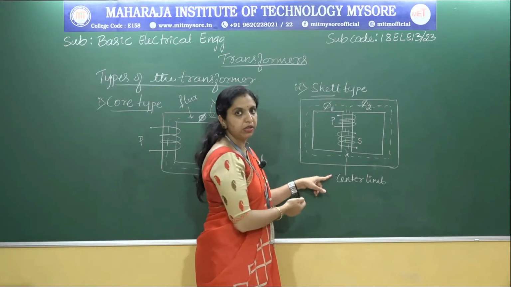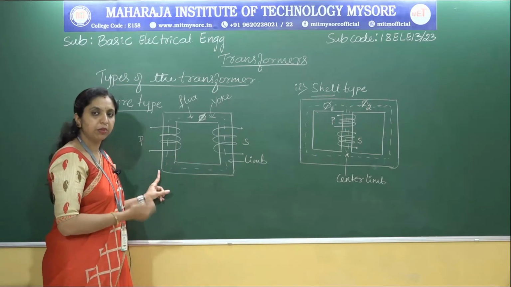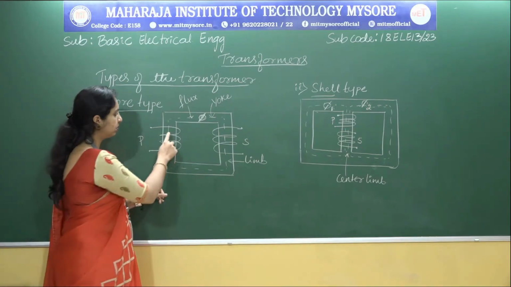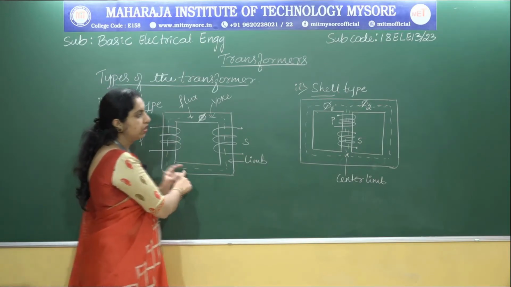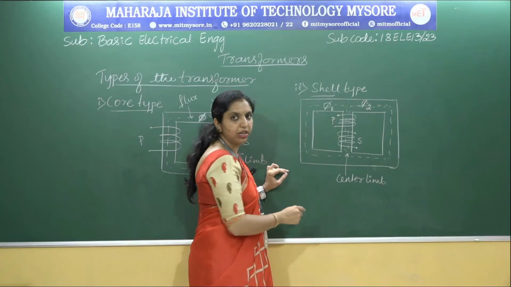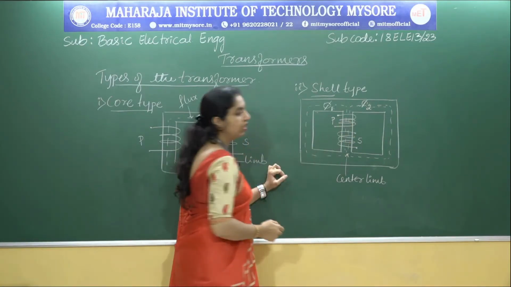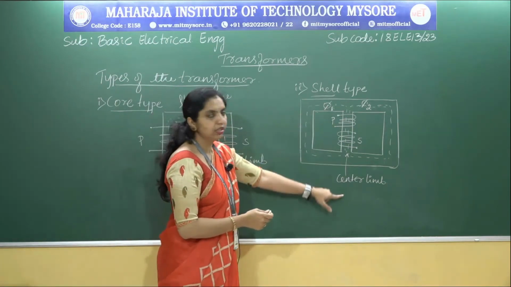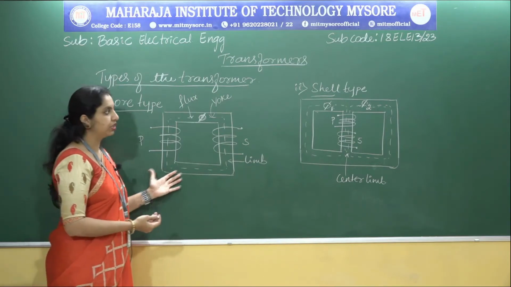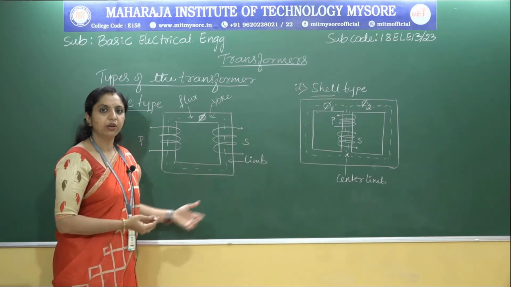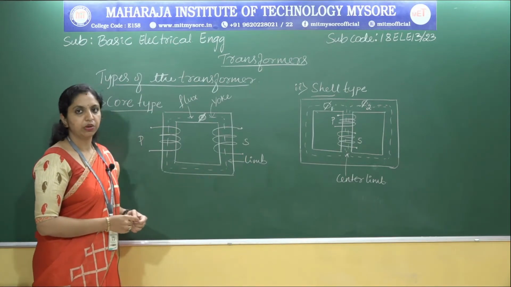In the core type, the coils can be removed easily for maintenance, but that is not possible in the shell type, since the coils or windings exist at the center limb. Core type is preferred for low voltage application, but shell type is preferred for high voltage application.